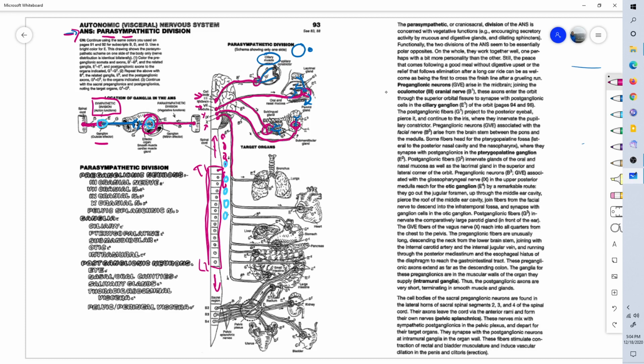It comes out of the cranium, out of the skull, heads all the way down, and has branches that synapse right here in the ganglion inside the lungs to synapse with a short postganglionic neuron that tells the lungs what?